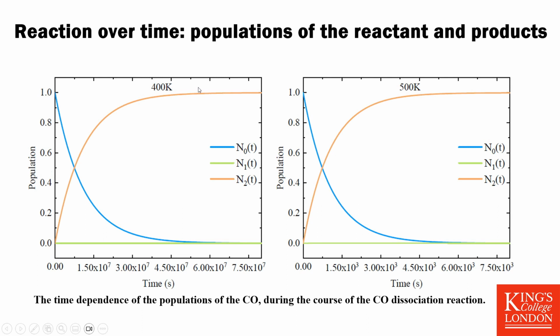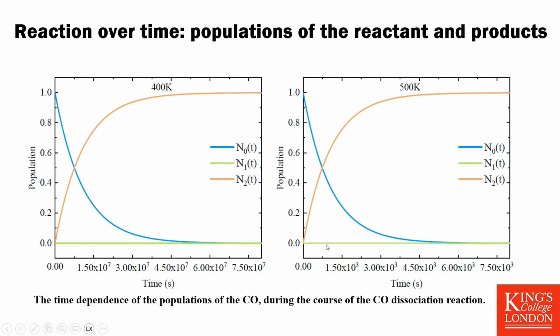So like this one, I calculate 2 situations. One is 400 Kelvin, another one is 500 Kelvin. At the beginning, the population of N0 is 1, and if we consider 400 Kelvin, maybe the reaction will happen in 4.5 times 10 to the power 7 seconds.